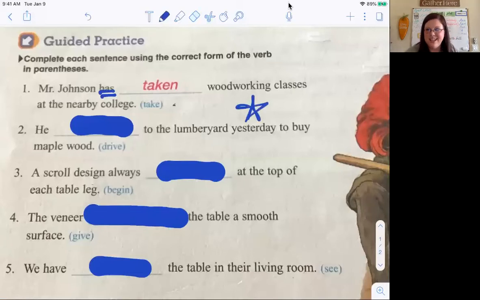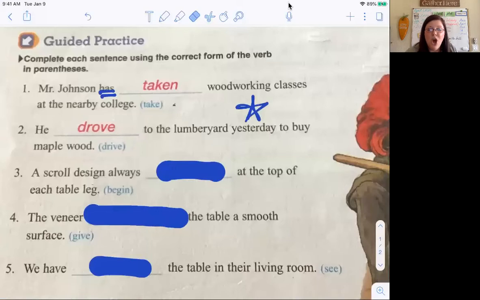Did you see that word yesterday? Yesterday is a clue to us that this sentence has already happened, and it happened in the past. Therefore, we need the past tense of the word drive. Drove. Notice once again, we did not choose driven because there is no H brother out in front.